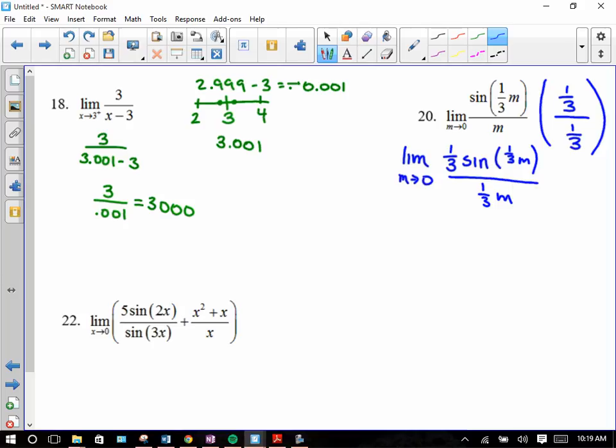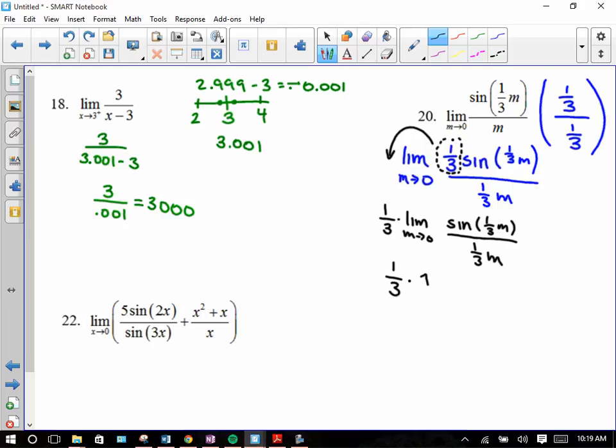Because it's a constant, we can pull it out. So it's 1/3 times the limit as n approaches 0 of sine of 1/3 n divided by 1/3 n. That limit would be 1. So I have 1/3 times 1, which is equal to 1/3.